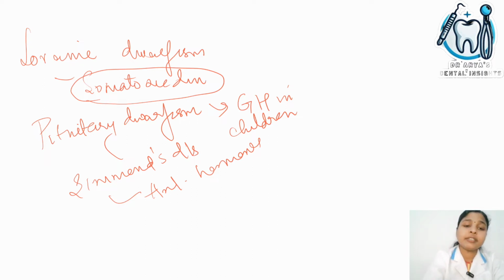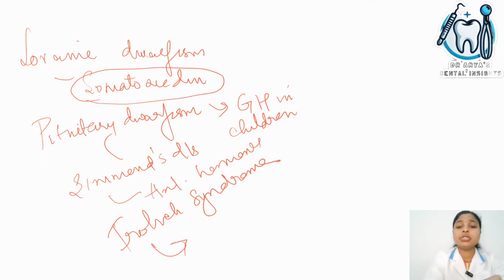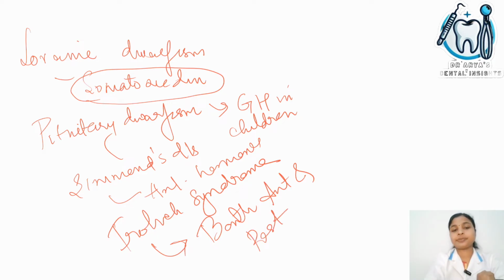And coming to Froelich syndrome, it is due to hyposecretion of both anterior and posterior pituitary hormones. So, there are three terms.